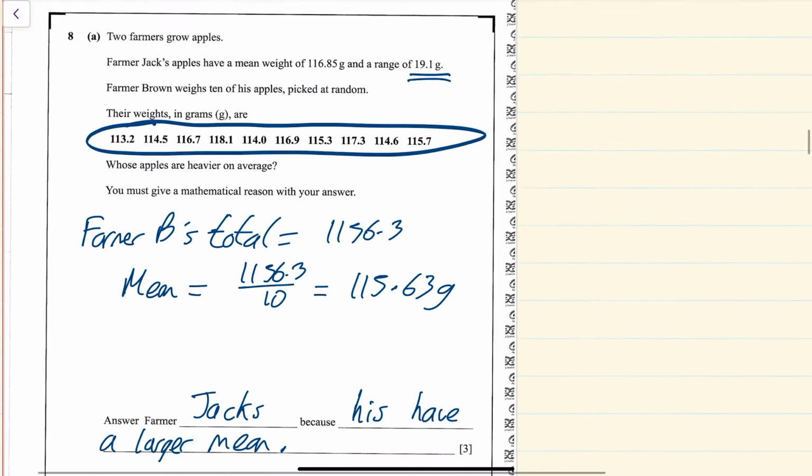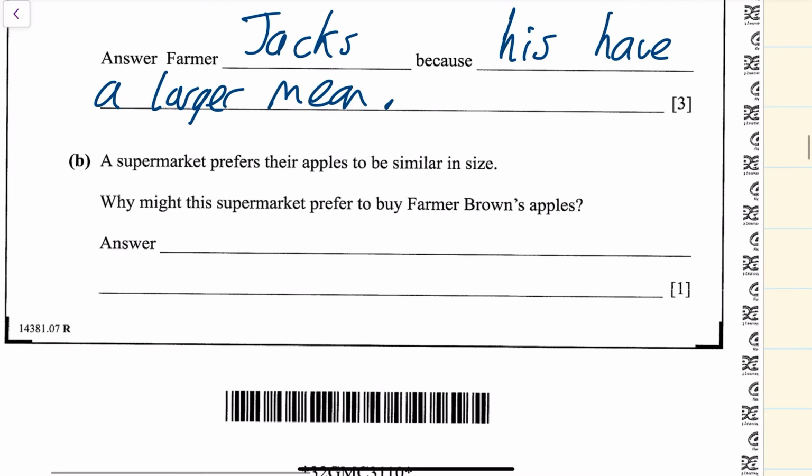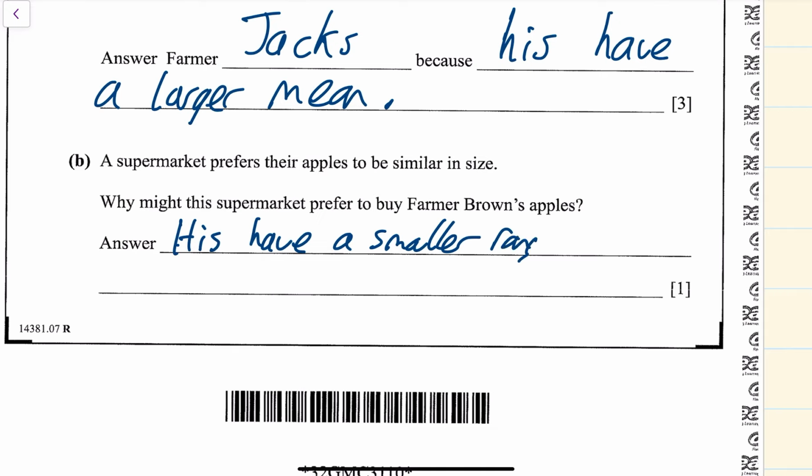Farmer Jack's range was 19.1, and so the reason you might want to pick Farmer Brown's is his have a smaller range, so more consistent in size, which would make it easier for packaging.